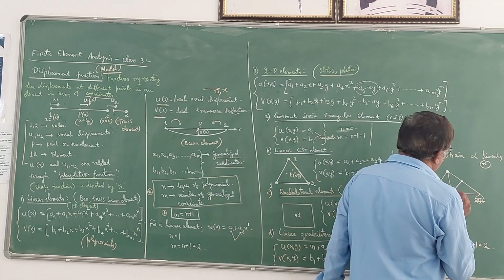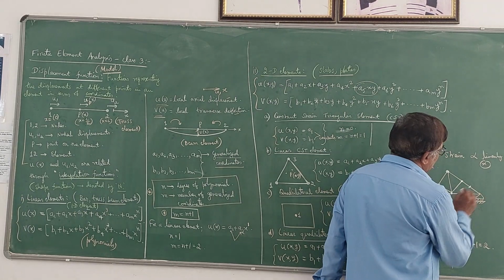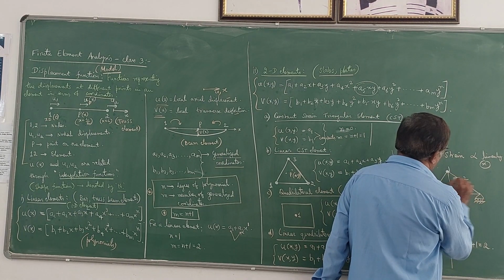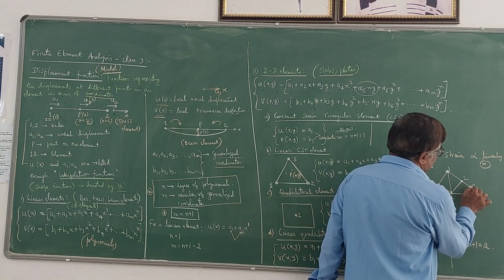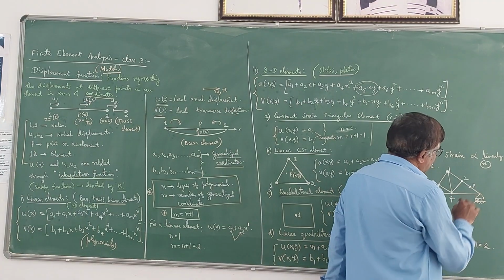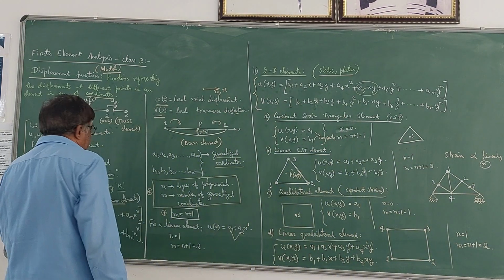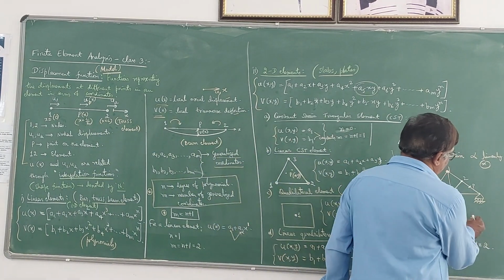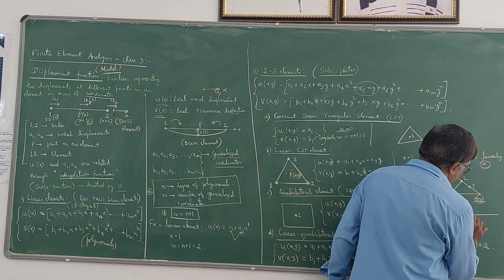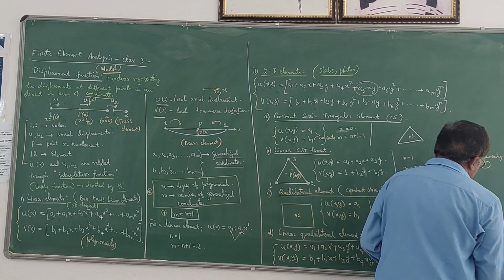After that, if you want the displacement at some other point, let us say I want the displacement at this point. These are the nodes 1, 2, 3, 4. And if I want at this point P, what is the displacement? Then we have to use this shape function or interpolation function to get the displacement at P. Similarly, in the case of beams, you will be having a fixed beam or a continuous beam or a simply supported beam.